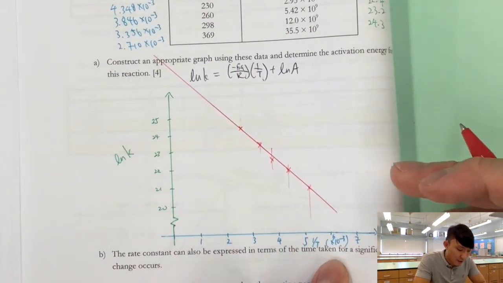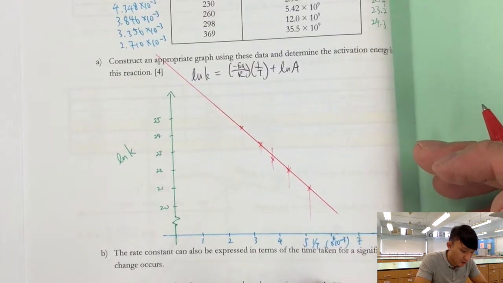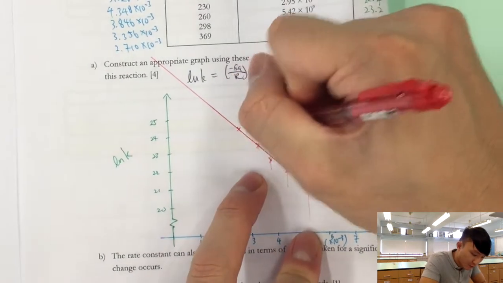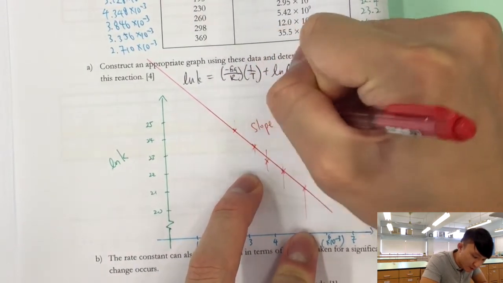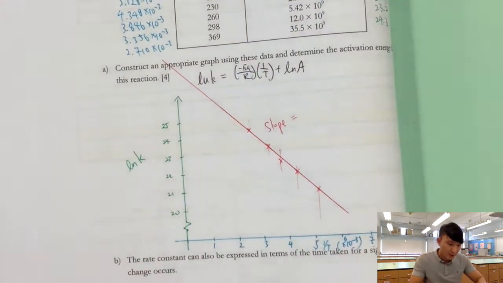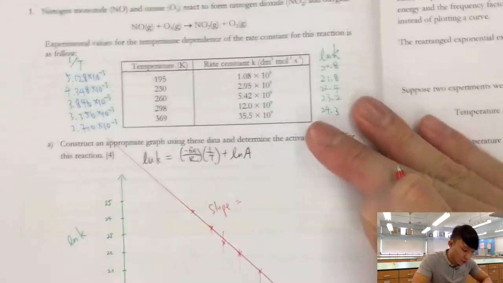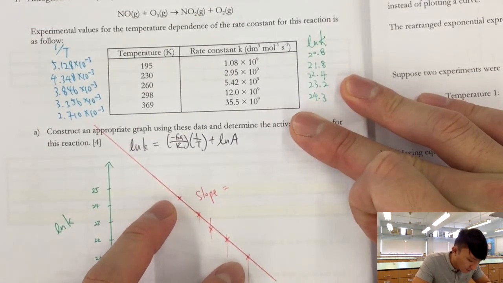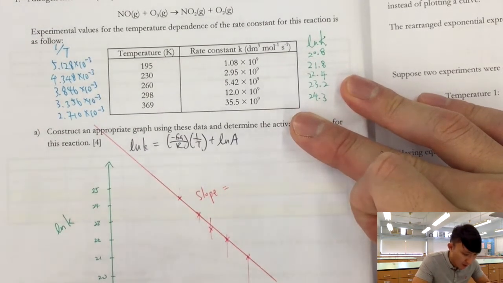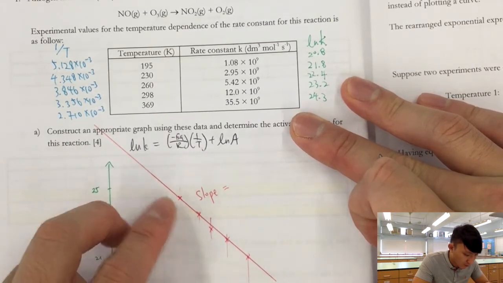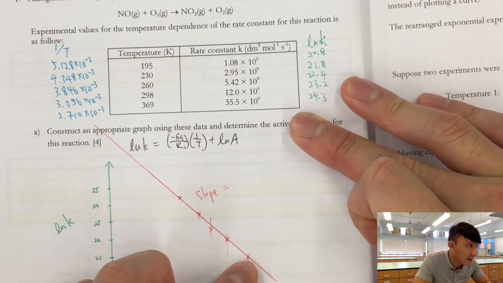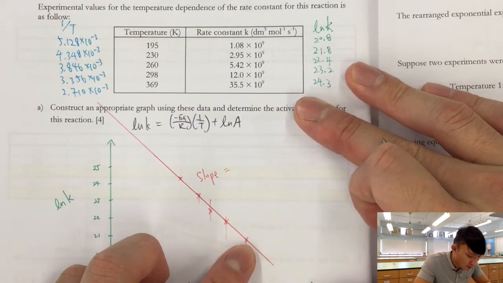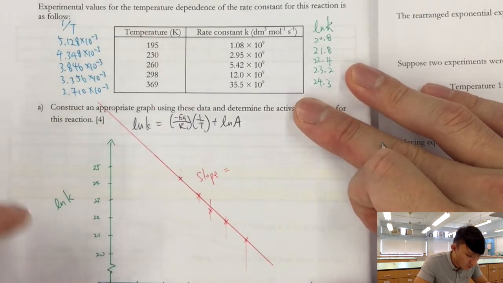Once you have plotted the graph, you can find the slope of the graph here. So slope equals to, now of course you can choose any 2 points. In this case, by looking at the points that I have plotted, perhaps I will use the first data and the last data to calculate the slope. So we have y here.